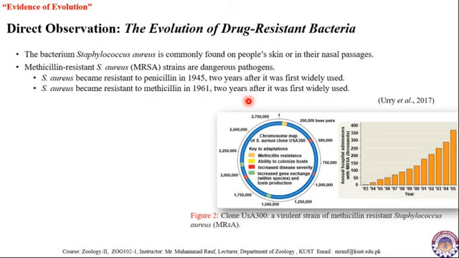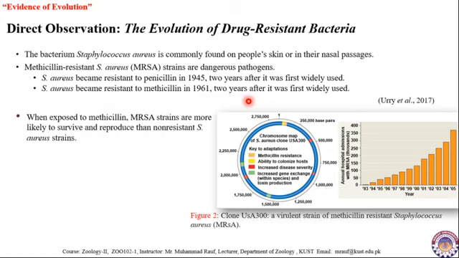So when exposed to methicillin, resistant Staphylococcus aureus strains are more likely to survive and reproduce than non-resistant Staphylococcus aureus strains.